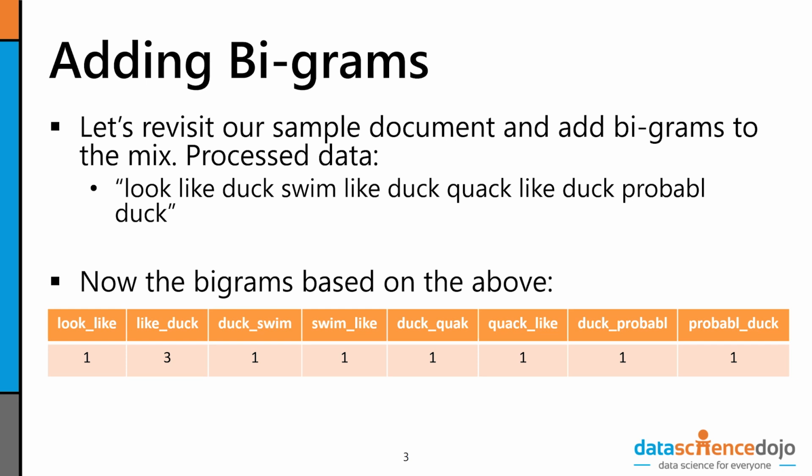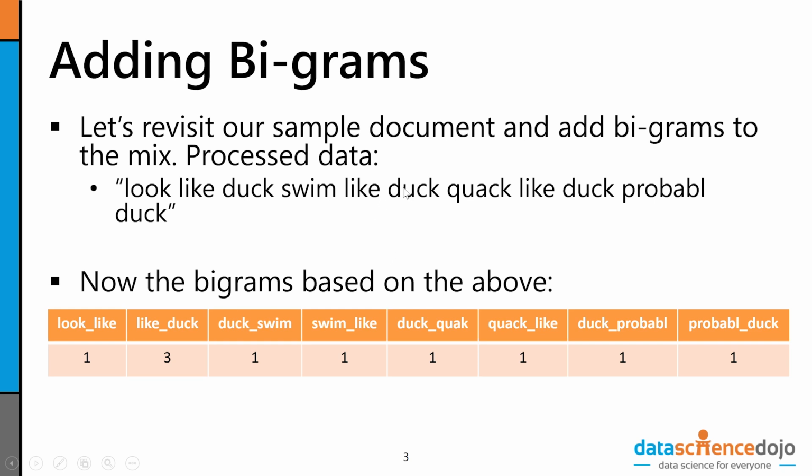Bigrams just take two things that are next to each other and make that a distinct token, a distinct term, a column in our matrix. Look and like are close together, so we just use the underscore to separate them. Look_like, like_duck, duck_swim, swim_like, and so on.